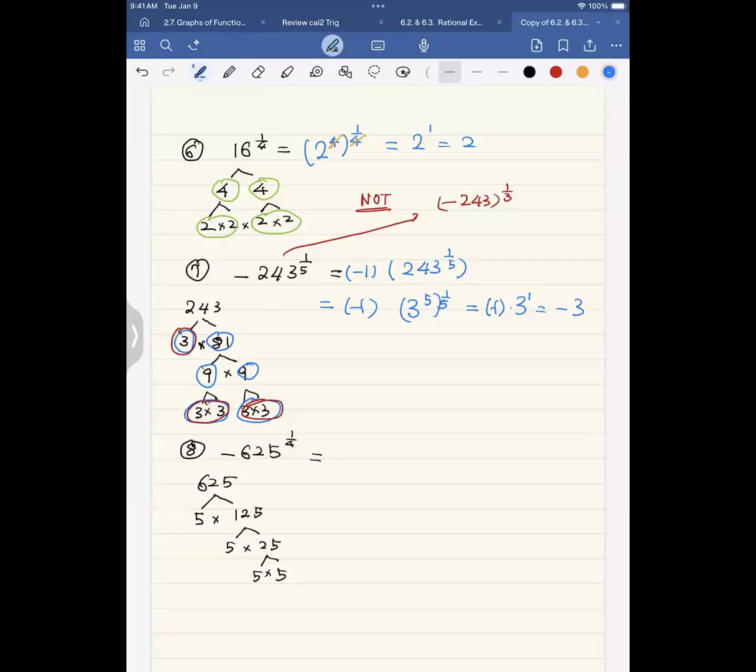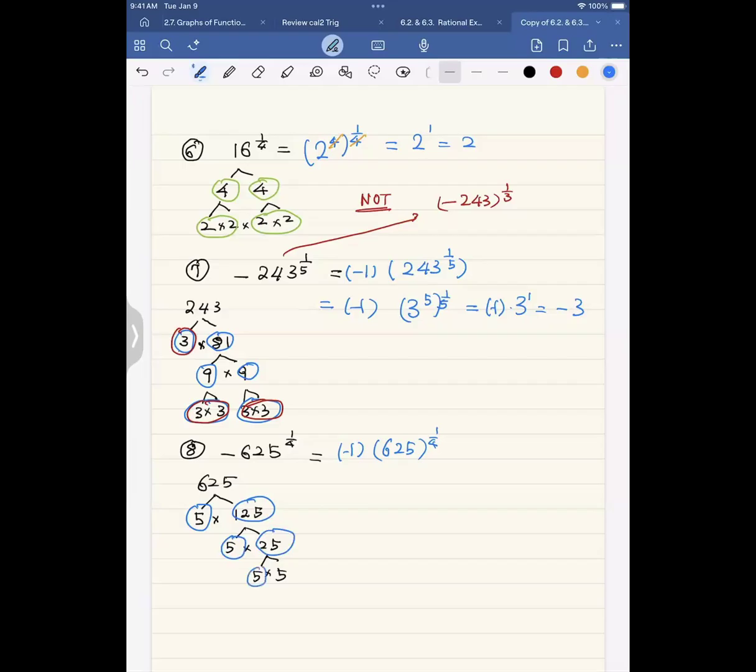With the same principle, it becomes negative 1 times 625 to the 1/4 power. 625 is 5 times 125. 125 is 5 times 25.